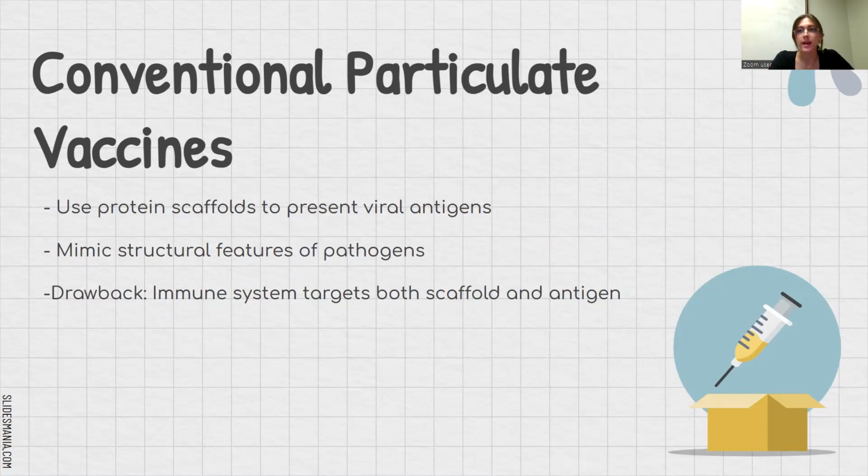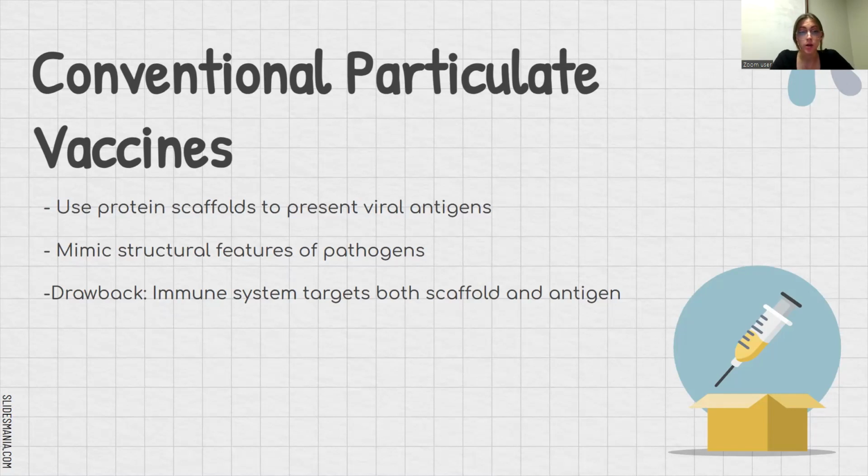And the thing is that the protein scaffolds distract the immune system's attention from the target antigen and cause the immune system to produce antibodies that will target both the protein scaffold and the antigen that it's presenting. And that's not what we want. We would want it to only be attacking the antigen and not the protein scaffold. So this means that the immune response won't be as strong as is desirable.